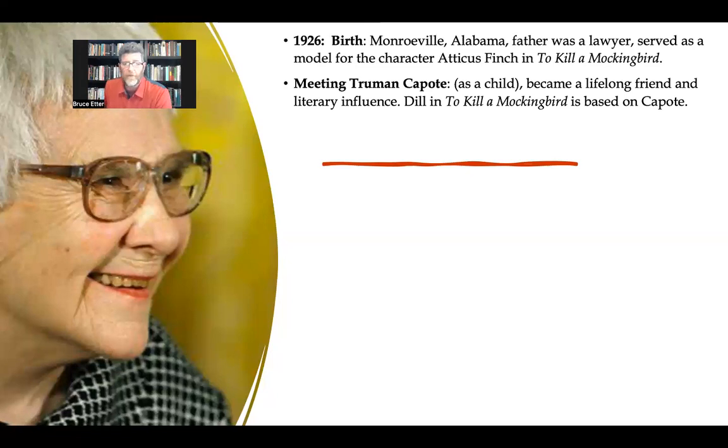You've probably heard of those. So they became lifelong friends, even called themselves best friends at one point. And when you're reading To Kill a Mockingbird, there will be a character named Dill. And that character is based on Harper Lee's good friend, Truman Capote. A little bit more on him later.